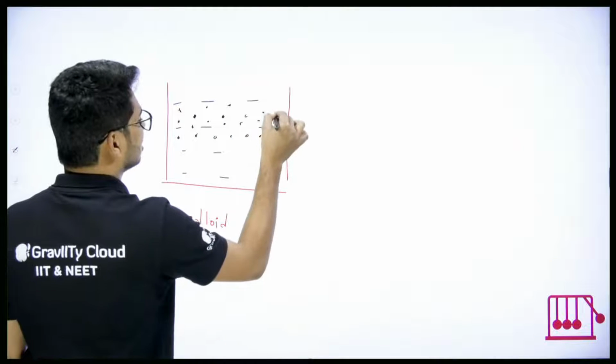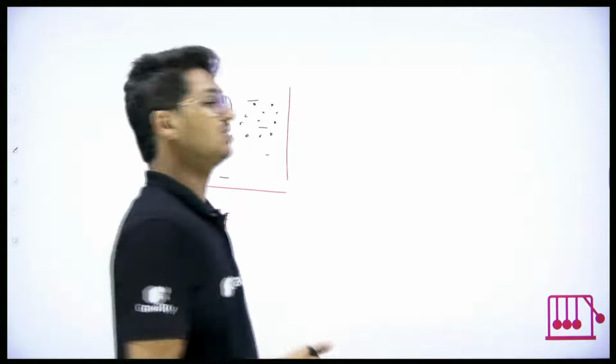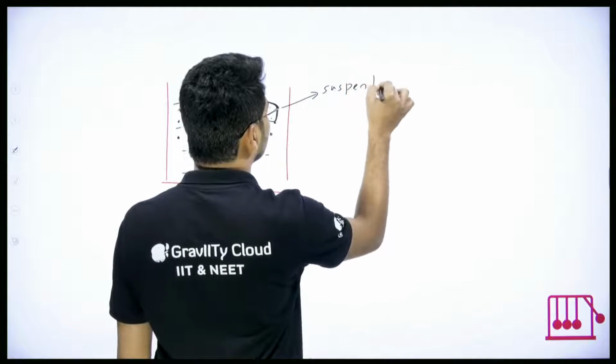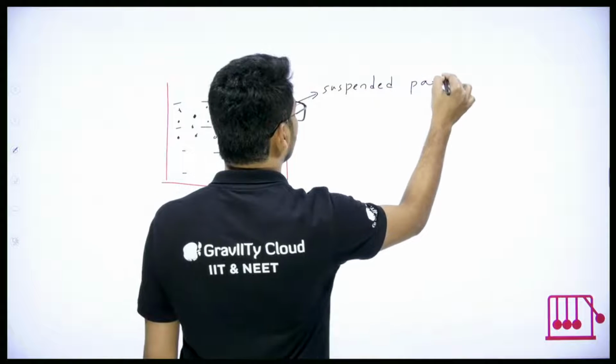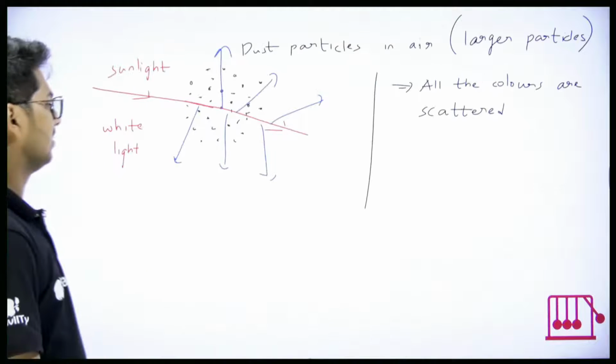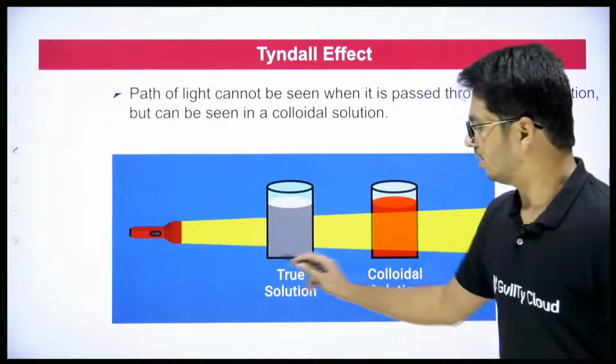The exact definition of colloids, you have learned in chemistry. So there are suspended particles. See here, there are different cases. One is when you take a true solution, as in this case. What is a true solution?